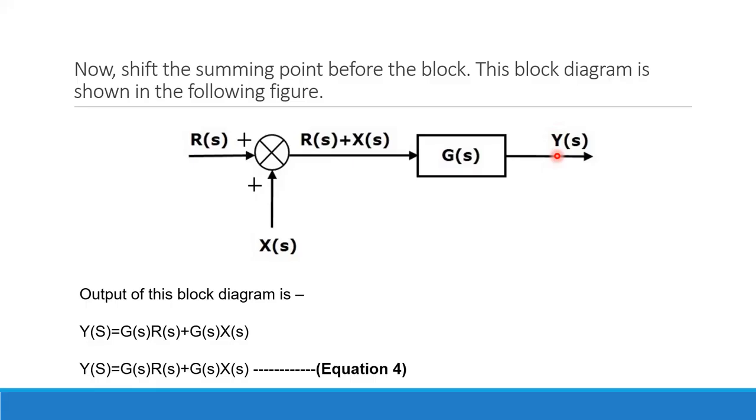So Y(s) will be equal to (R(s) plus X(s)) multiplied by G(s). That means G(s) R(s) plus G(s) X(s) will be your output for this block diagram. Now say this is equation number 3.